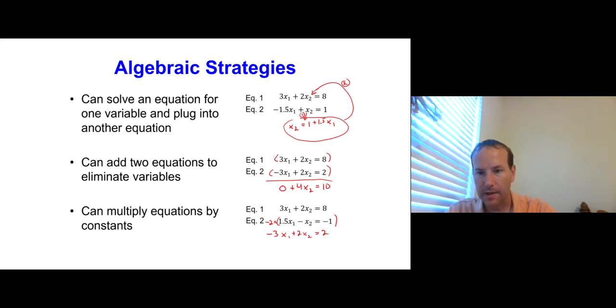That would isolate x2, and then you can use a substituting approach. Or sometimes, if they don't cancel out right away, you can multiply equations by factors. For example, multiplying equation 2 by -2 would put it in a form that would allow you to eliminate the variables afterwards. So there are a variety of algebraic strategies for isolating the variables.